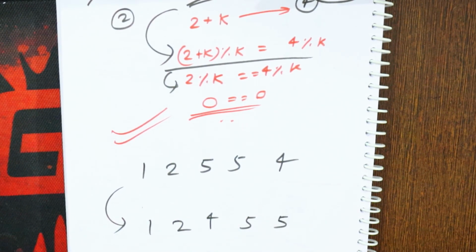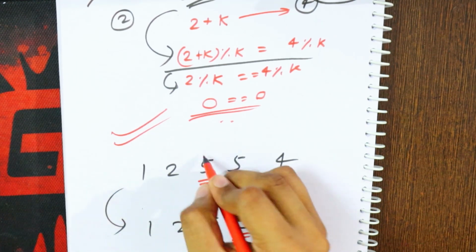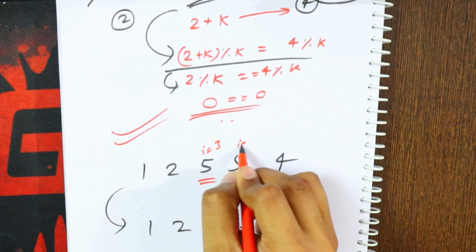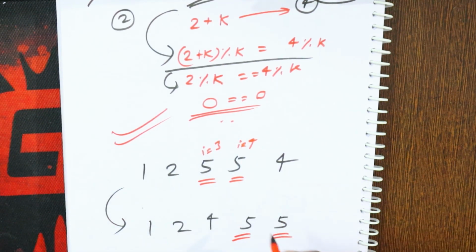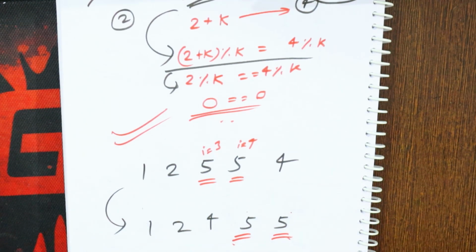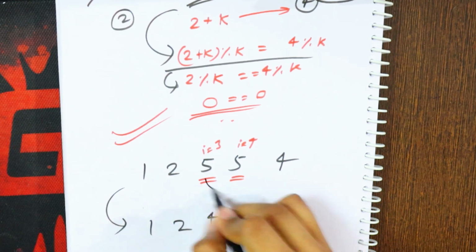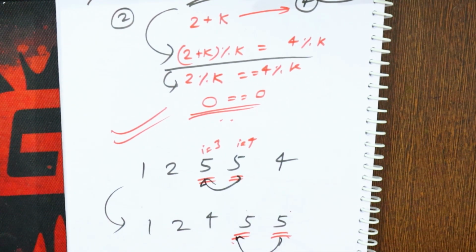It is true that I will get this, but if you see, the 5 needs to go from index 3 to any index which is 4 or 5, and the other 5 can also go to any index which is 4 or 5, because a 5 is a 5. But actually I want both of them to go to both of these places. Understand the way I am saying it. I want both of them to go to both of these places.